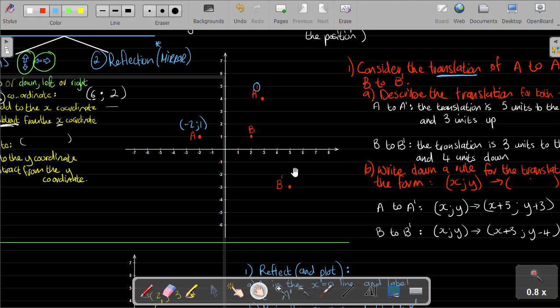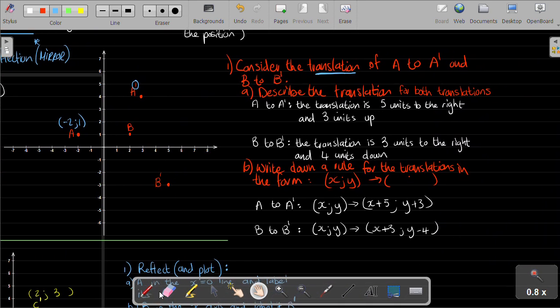So let's carry on. It says consider the translation of A to A transformed and B to B transformed, right? So the first question is describe the translation for both translations. So for A to A transformed and for B to B transformed.